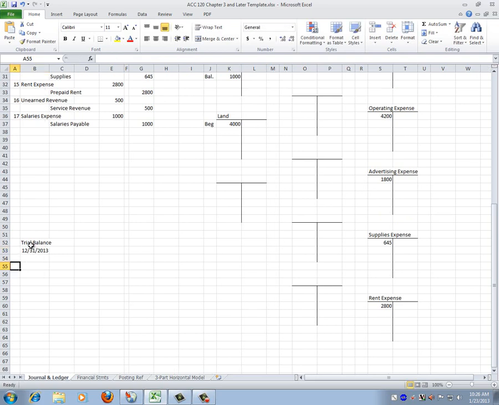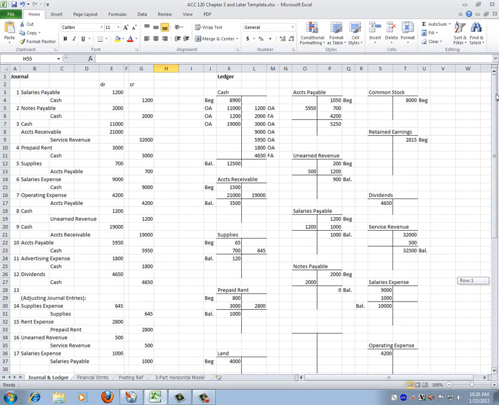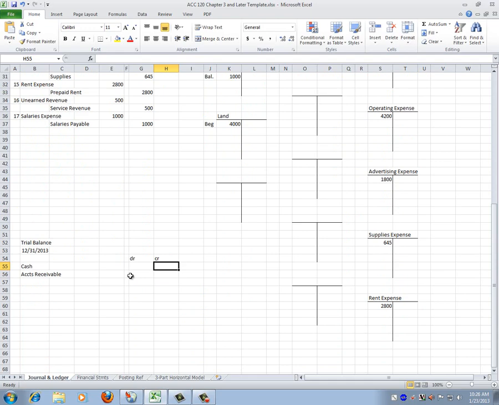And a trial balance is pretty straightforward. We're simply going to list each account name and just name and balance, left or right as the case may be in each case. And we see our cash balance was left side being an asset as expected, 12.5.